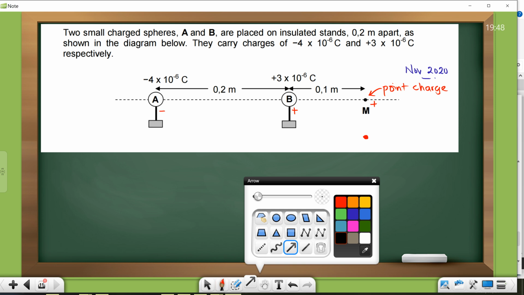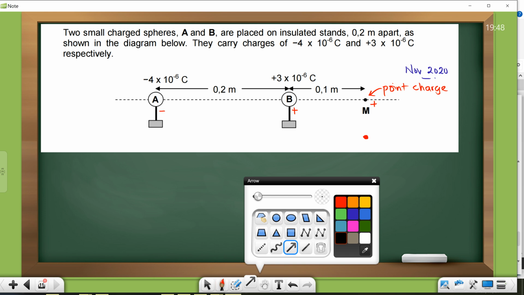Is it going to be attraction or repulsion? I am considering B now. B is positive, M is also positive. It's a repulsion. Thank you, Lemo.